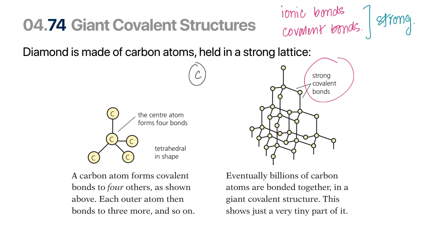Now, if you ever pick up a piece of diamond, because each and every carbon is bonded to each other carbon and there's no intermolecular forces, it's all a never-ending lattice of covalent compounds, kind of like drawn here. It's kind of like when you pick up a piece of diamond, you're picking up a molecule of diamond, right?